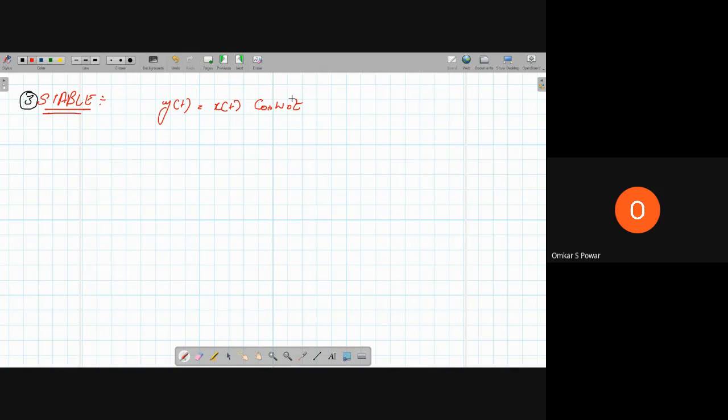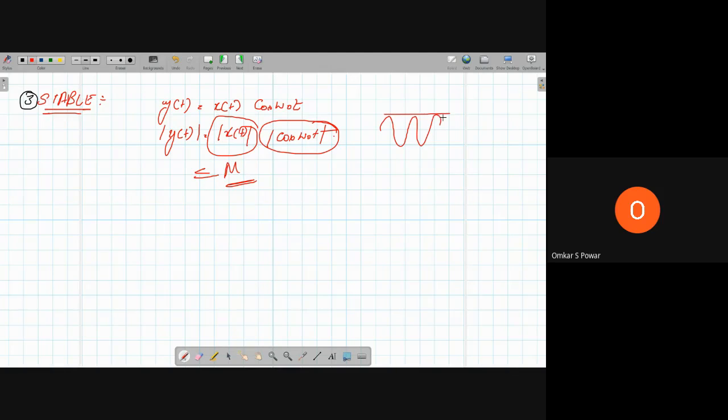A system is said to be stable if it lies well within its limit. So now you have to see whether the modulus of this one lies well within the limit. So let us take the modulus of this one. What do you get? Modulus of x of t into modulus of cos omega naught of t. So x of t will be some value, say 1 to 100, but this cos, whatever value you give, will lie well within the limit.